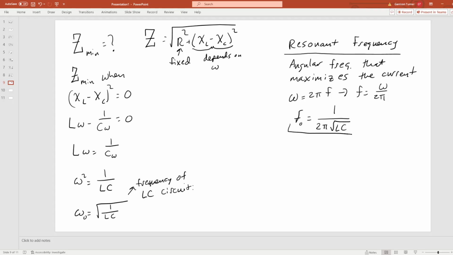And the reason that we like to use this formula sometimes is because most function generators allow you to control f rather than omega. You're just changing the hertz, not the radians per second.